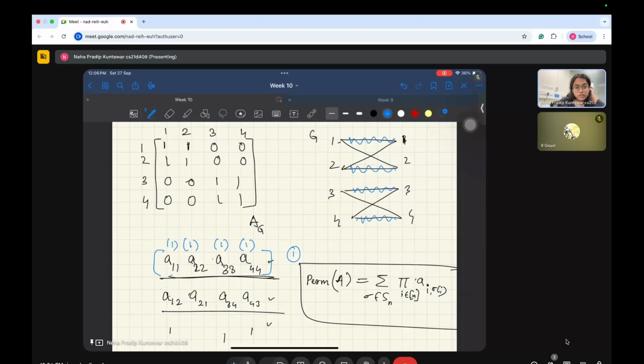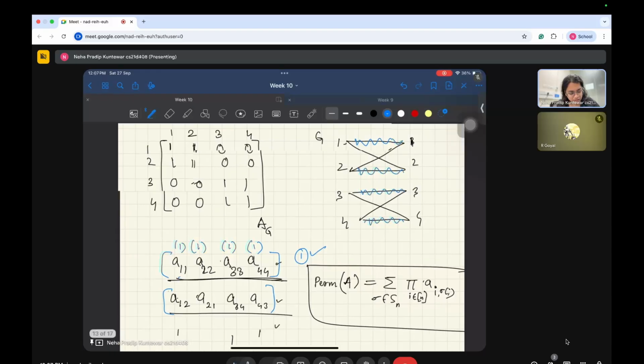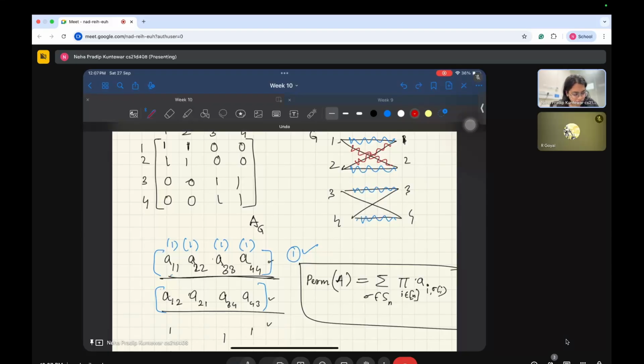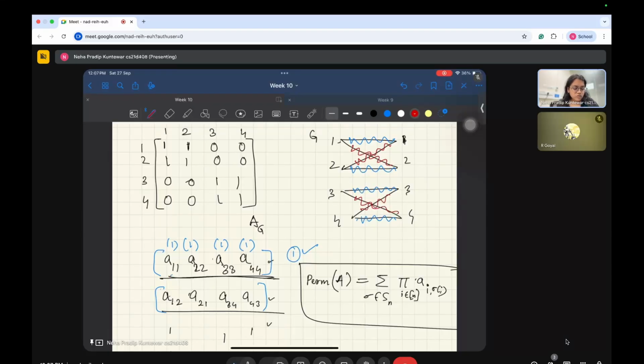So this gives me one perfect matching, and it evaluates to 1. Now if you look at this, I'll draw this in red. 1 goes to 2, 2 goes to 1, 3 goes to 4, 4 goes to 3. This also is a perfect matching, and this expression evaluates to a 1.